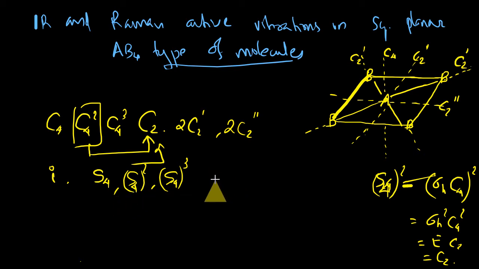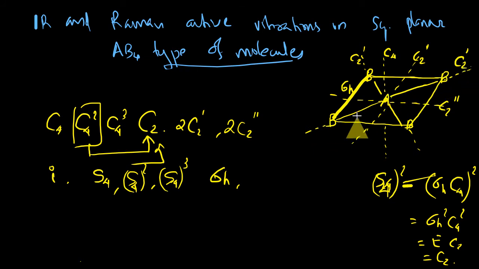And there is a sigma h. Sigma h is this plane, that is, the molecular plane is the sigma h plane. And then there are sigma v vertical planes. These vertical planes are perpendicular to the molecular plane, and at the same time they contain two opposite AB bonds.